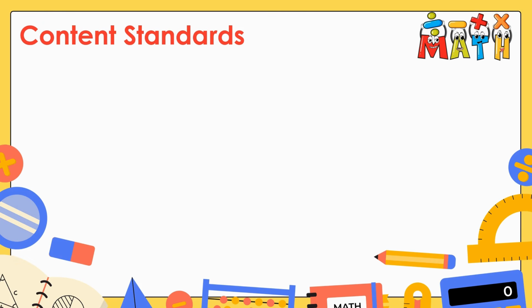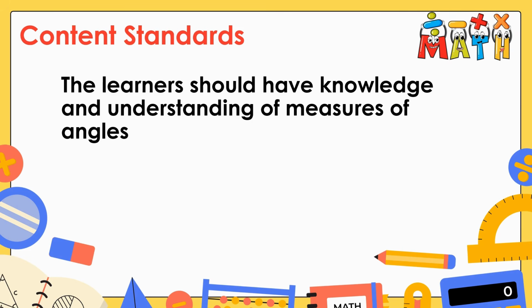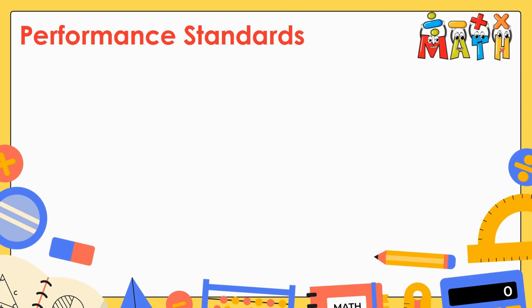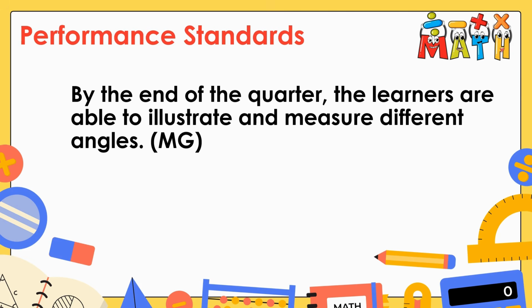Content standards. The learners should have knowledge and understanding of measures of angles. Performance standards. By the end of the quarter, the learners are able to illustrate and measure different angles.